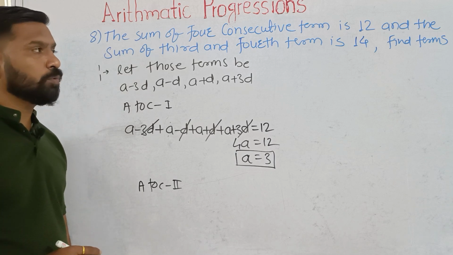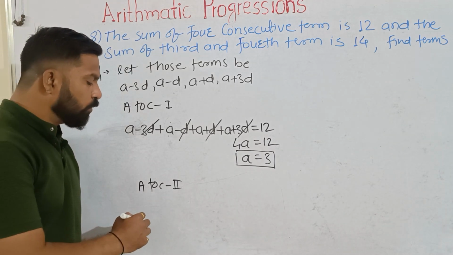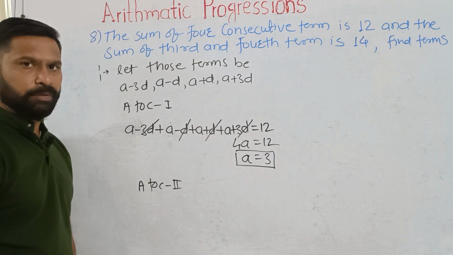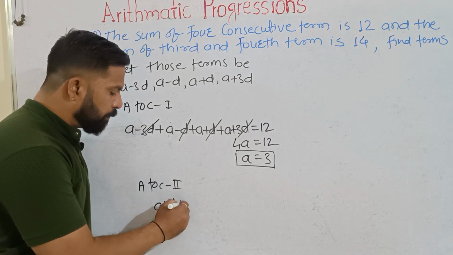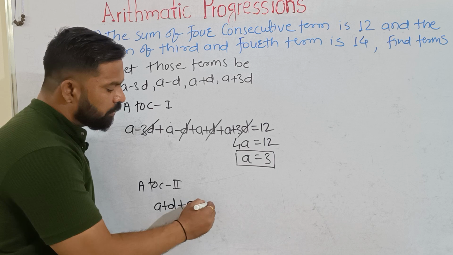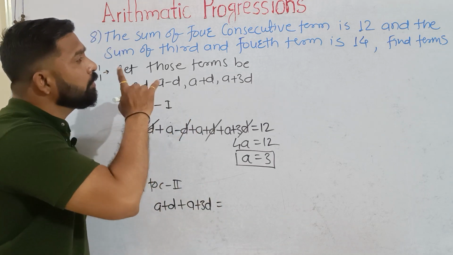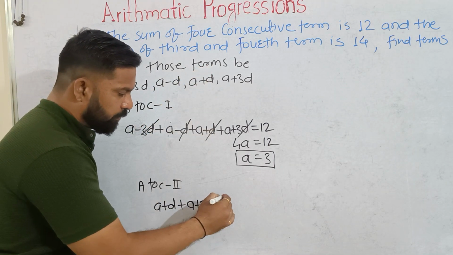What is condition 2, will you tell me? Condition 2: sum of the third and fourth term. Which one is the third term? A plus d plus a plus 3d is 14.